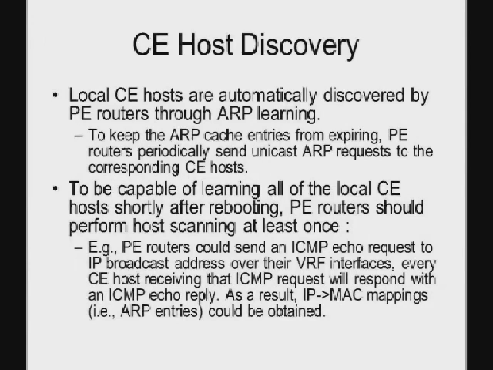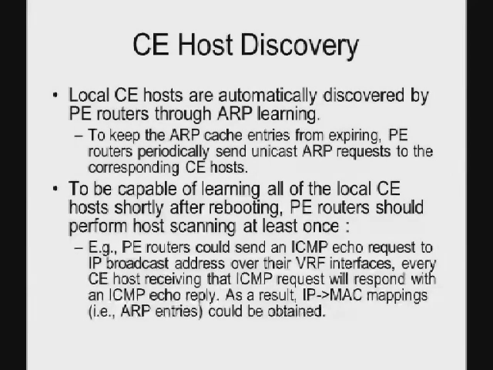To ensure the P router can learn all its local C hosts in a short time, especially after rebooting due to some reason, the P router should perform at least one host scan. For example, the P router could send an ICMP echo request to an IP broadcast address.